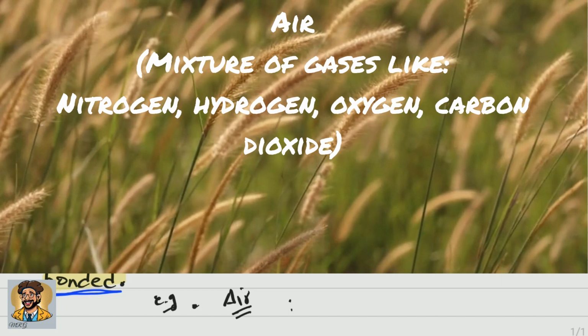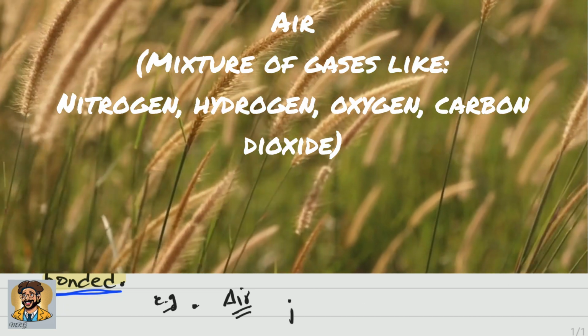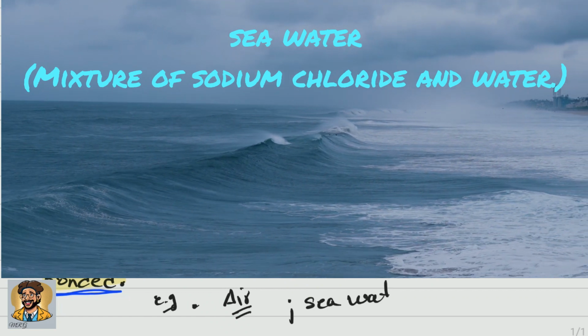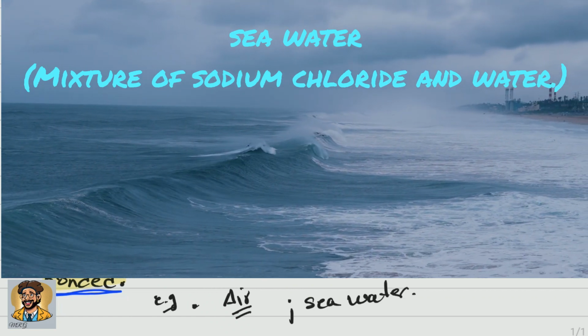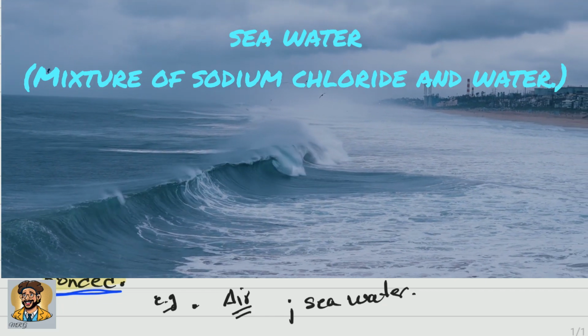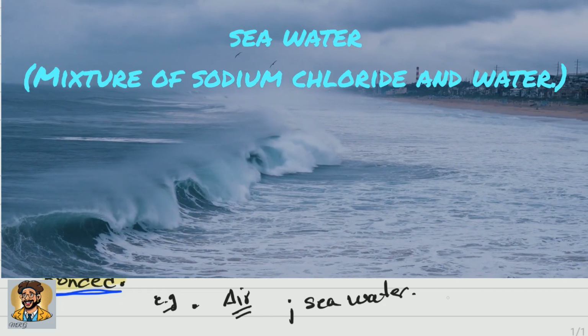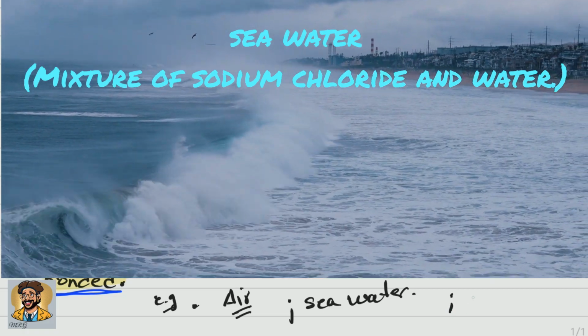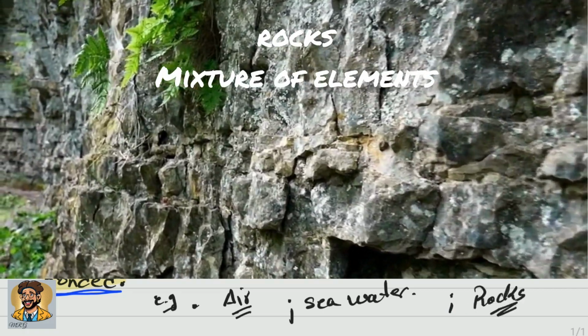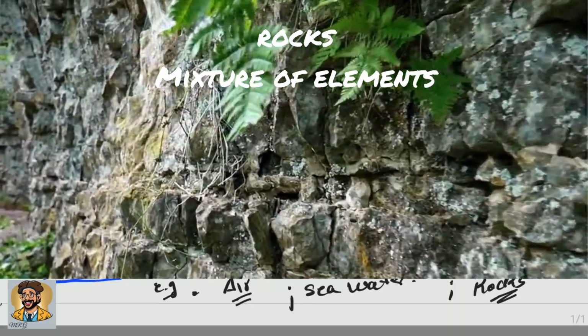Another example of a mixture could be seawater, which is a combination of table salt and water, but those two are not chemically bonded. Another example is rocks, which are a mixture where you have many elements together.